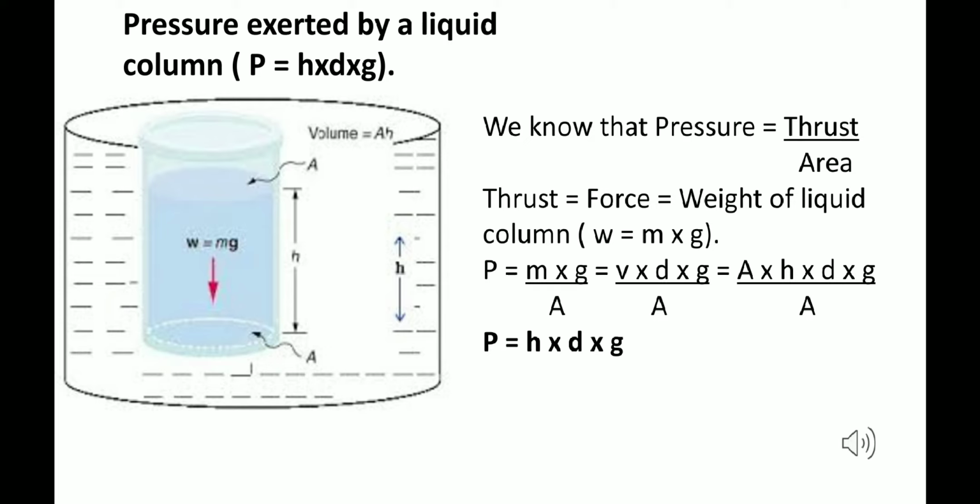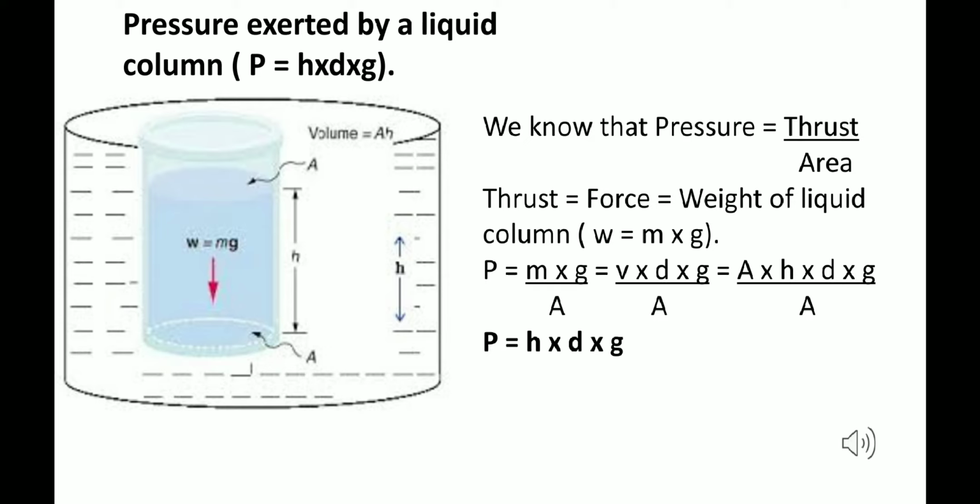Now, if you remember, you have studied in your lower classes, density is equal to mass upon volume. So from here, we get mass is equal to volume into density.